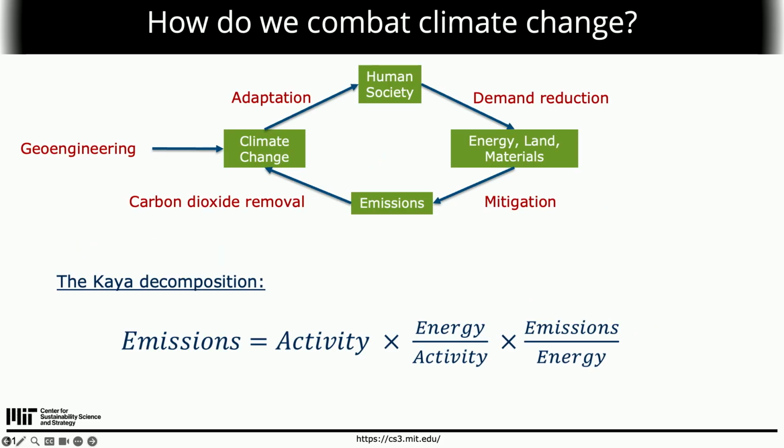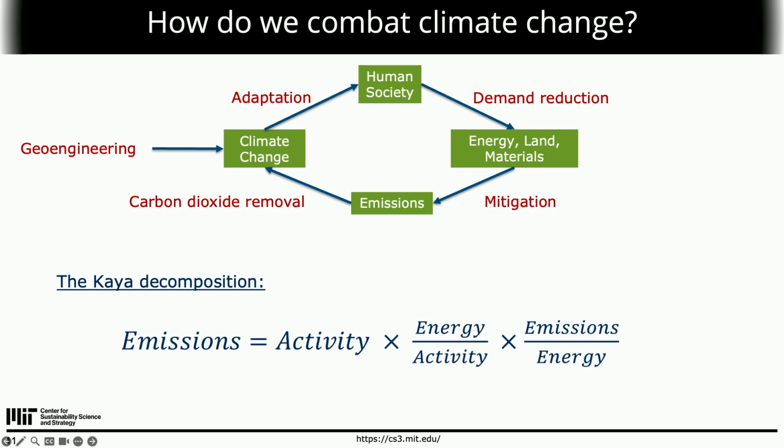So one way also to put this problem into an equation is the Kaya decomposition, which says that what we emit is equal to our activity multiplied by the amount of energy per activity we need, and the emissions associated to this energy.